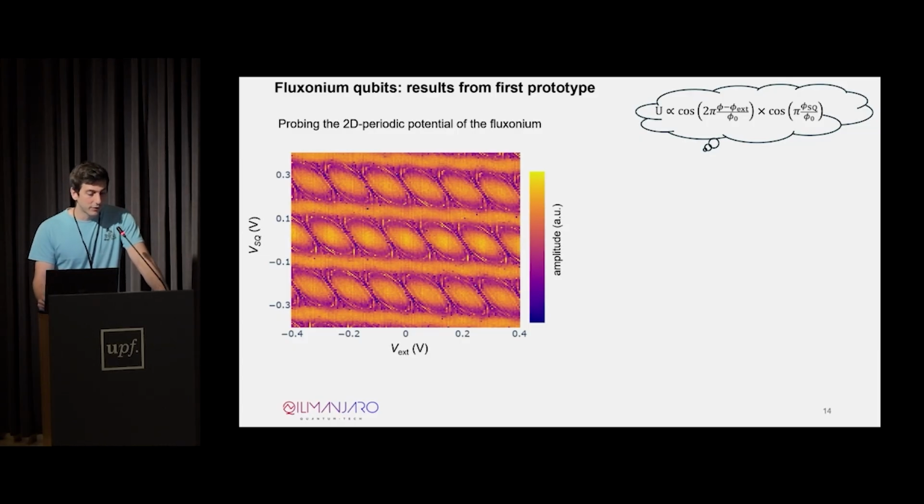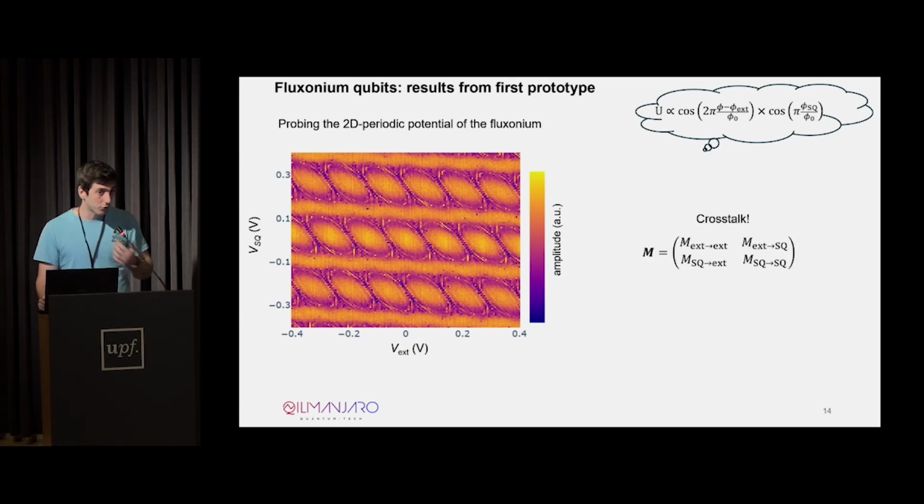Here we plot the signal as a function of the external voltage on the x-axis and the squid voltage on the y-axis. You can clearly identify the two-dimensional periodicity of the potential, but you also see that these periodic patterns are not aligned with the Cartesian axes, or the directions in which we apply the voltages. That's because of crosstalk.